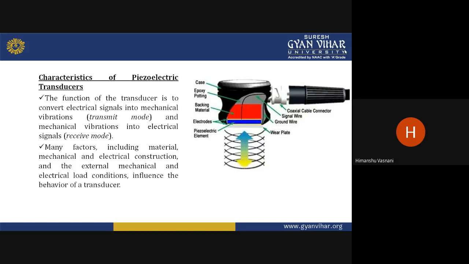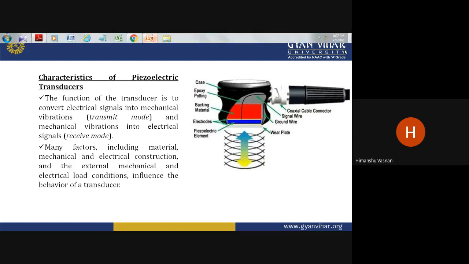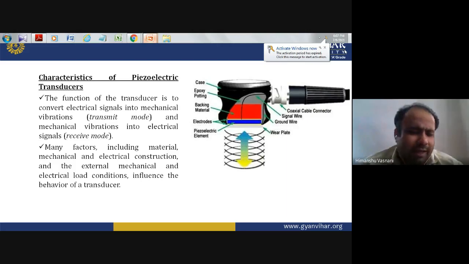Many factors, including the material, the mechanical and electrical construction, and the external mechanical and electrical load conditions, influence the behavior of a transducer. Transducers are of various types, like contact, immersion, delay line, and angle beam transducers.